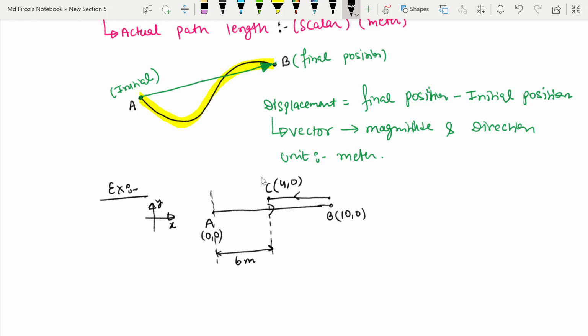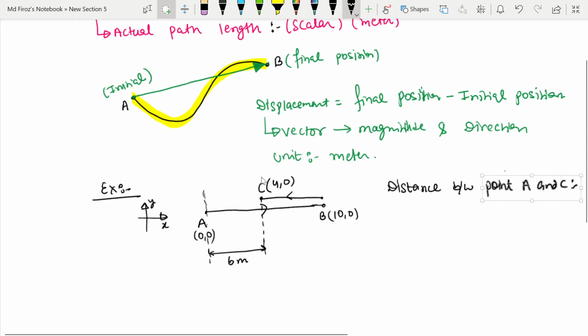Okay. So what is the distance? If I ask, what is the distance between point A and point C? What is the distance traveled from point A to C?